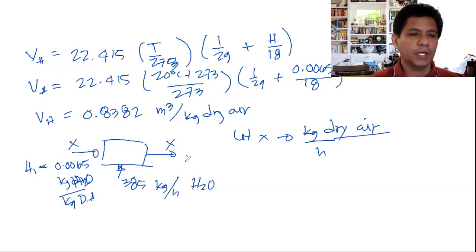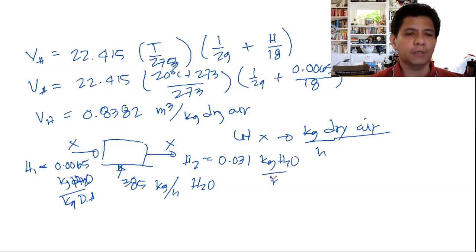Dito, H2, if you still remember, this is 0.031 kilogram water per kilogram dry air. So just perform a water balance. Ano? So 1 hour ang ating basis. Di ba?